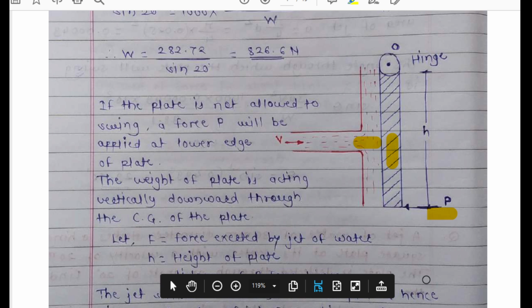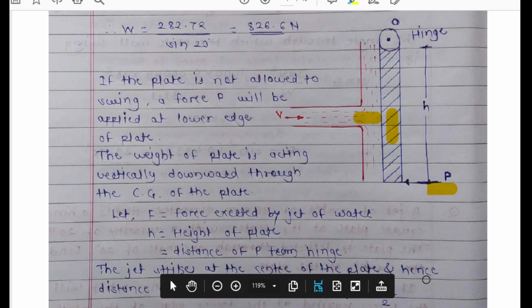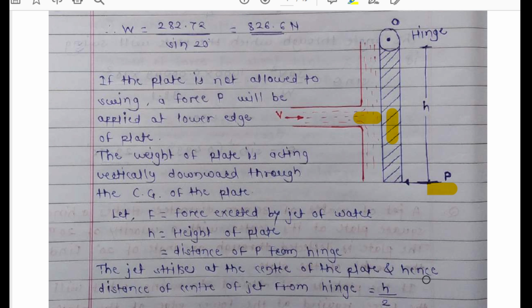I hope you understand this numerical, and this numerical is very simple. The thing is that we have to consider all the formulas related to the stationary vertical plate, the stationary inclined plate, and the hinged plate also.